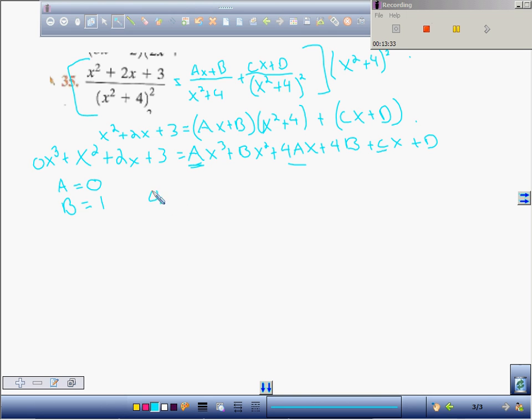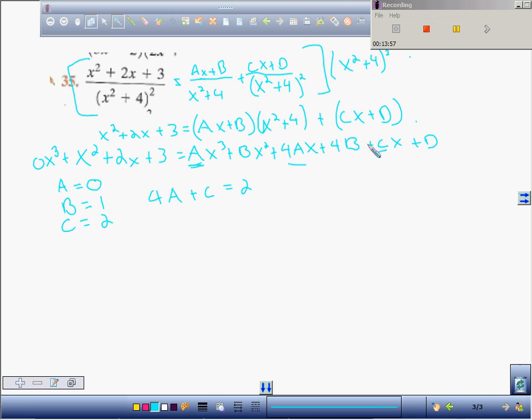So I know that 4a plus c equals 2, because those are the coefficients of the x. And I already know that a is 0, so c has to be 2. And all I have to do is find d.